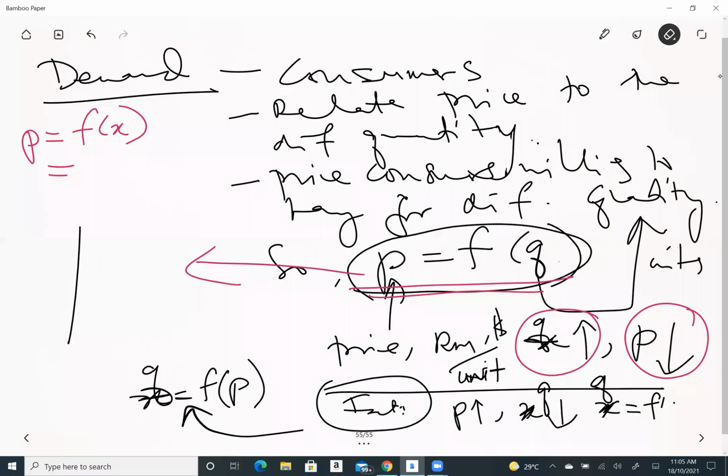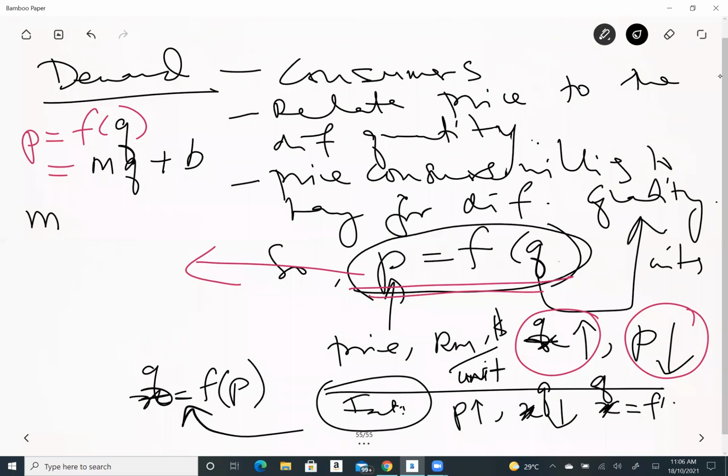So P as a function of Q, where Q is the quantity and P is the price. Let's say you have MQ plus B. So M is the slope.